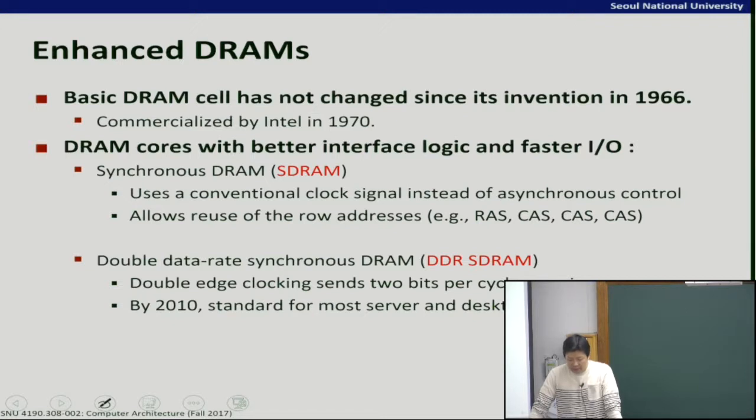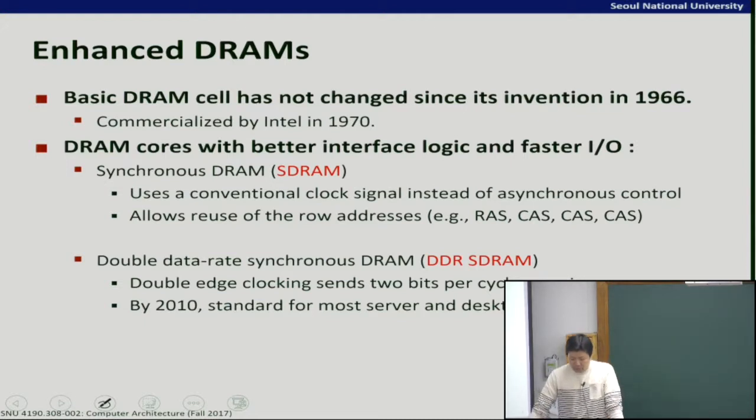The DRAM cell structure has not changed much since the first invention in the 1960s. But there are a lot of improvements for interfacing logic and I/O in DRAM. Even though the cell structure itself did not change much, there are a lot of enhancements around these cells, for the interface of DRAM.